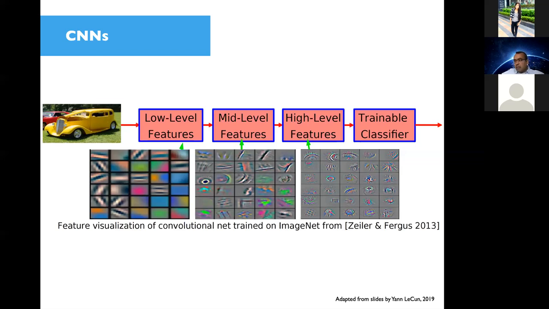Then the next layers of the network take these middle-level features and pool them into even bigger shapes and parts. And on these parts, you train a classifier to identify the object in the image. So in many ways, convolutional neural networks perform in a similar way as the human visual cortex.